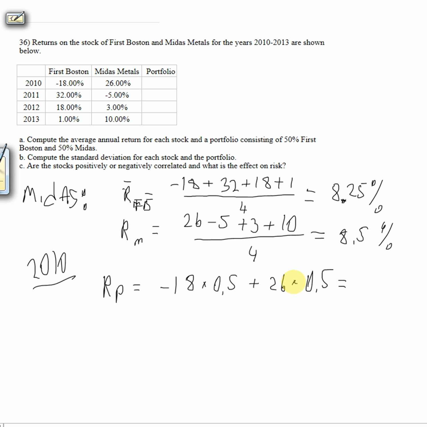This gives us something like half of this, 4%.